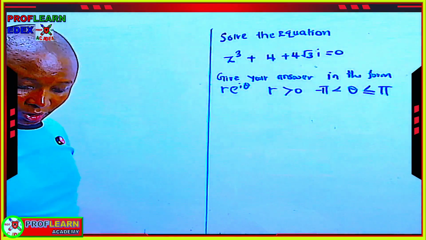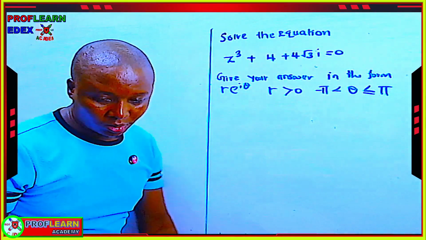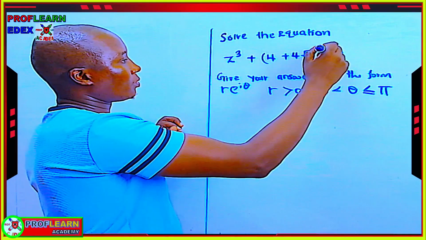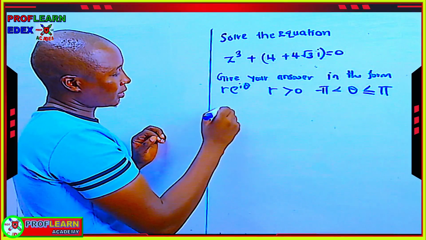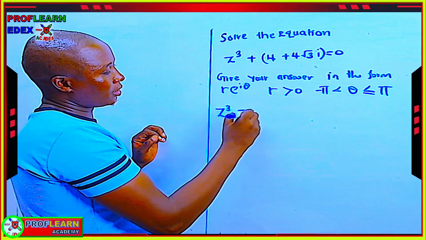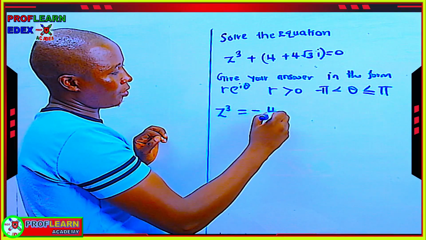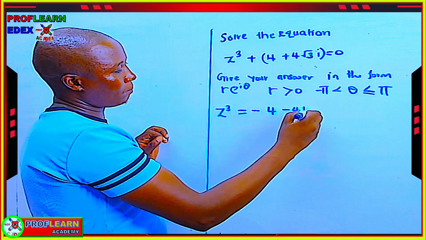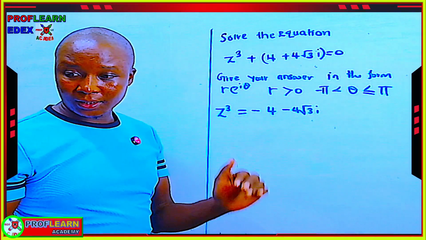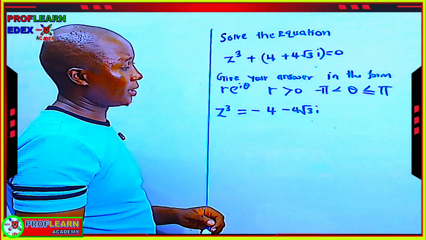So those are the conditions, and then you are supposed to work out this question. The first thing we are going to say is that z cubed is equal to negative 4 minus 4 root 3 i. So basically this is what we are going to have in this case.